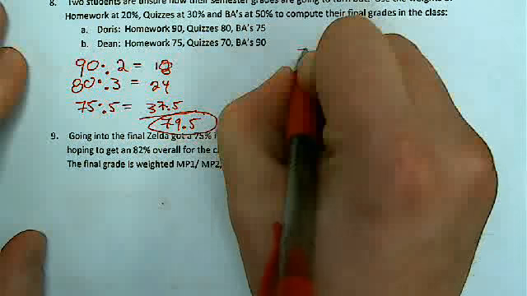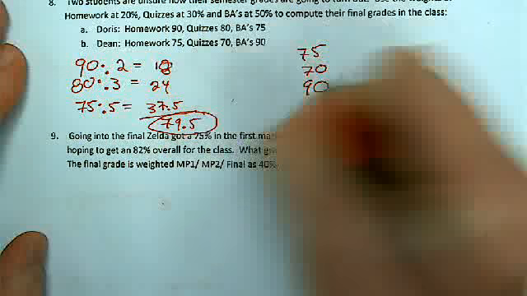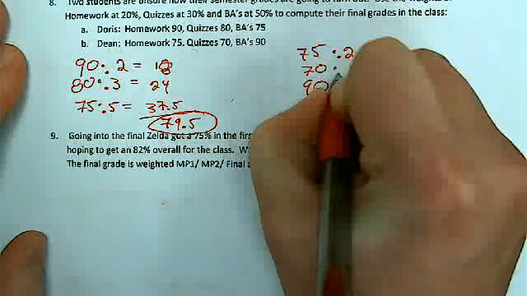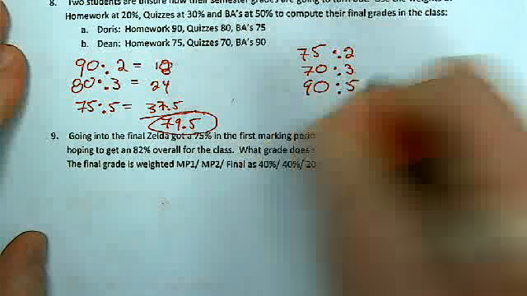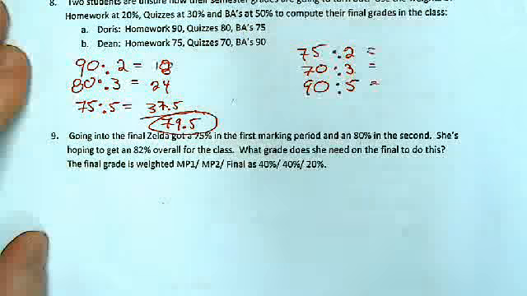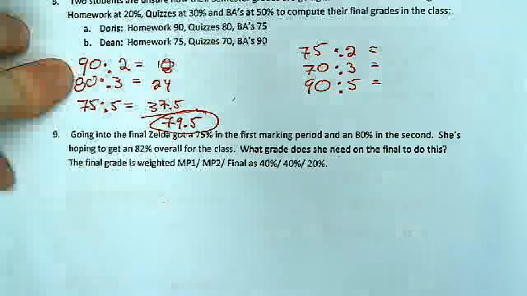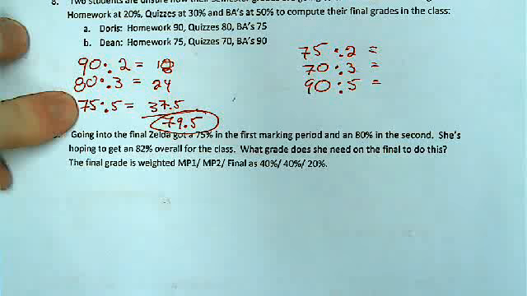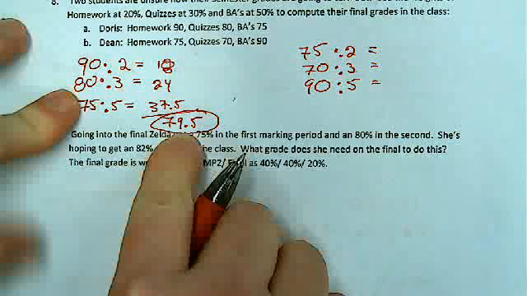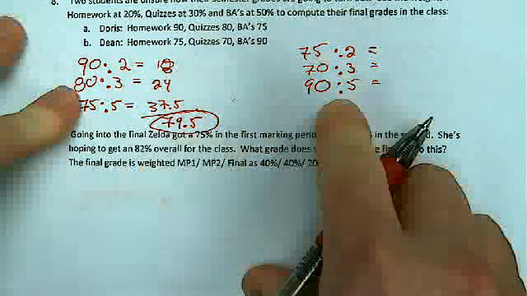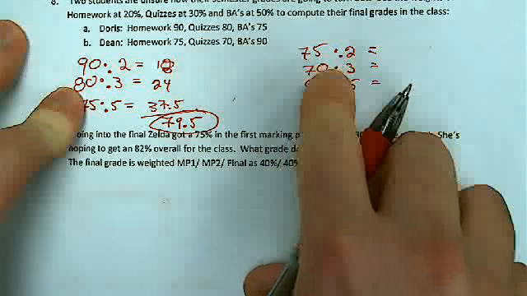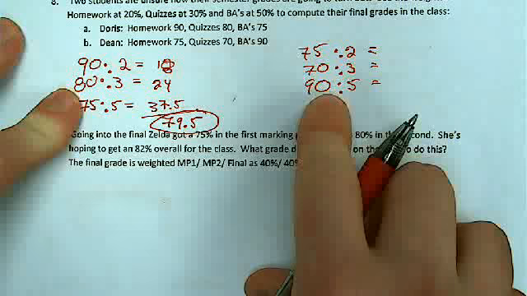We do the other students, 75, 70, and 90. Multiply each of those by 0.2, 0.3, and by 0.5 again, same weights. You also notice kind of a reversal here. We have A's and B's on homework and quizzes, C on the BA. Works out to a B- in the course overall. This student has C's on everything, but an A- on the test.